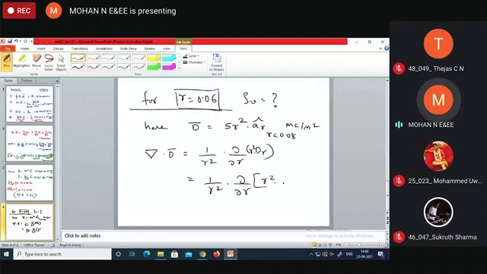So r square into 5r square into a r cap.